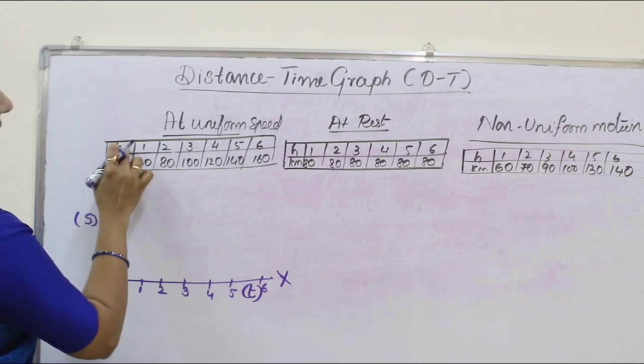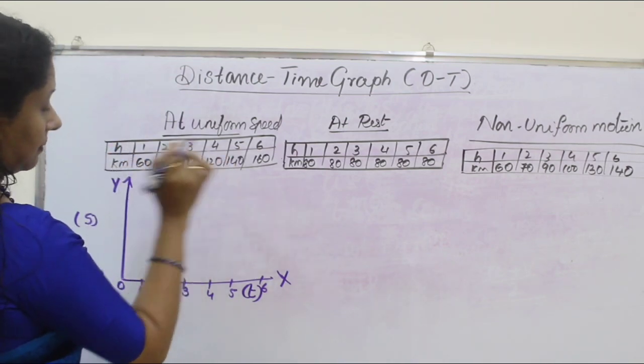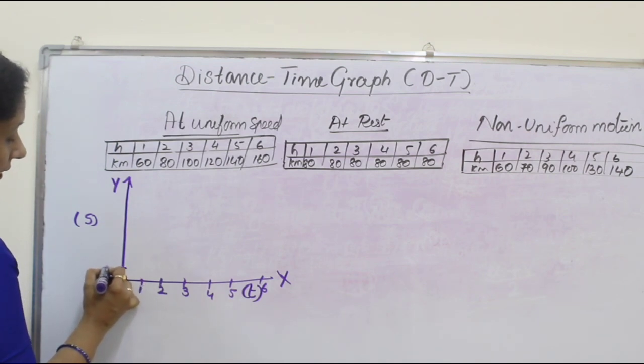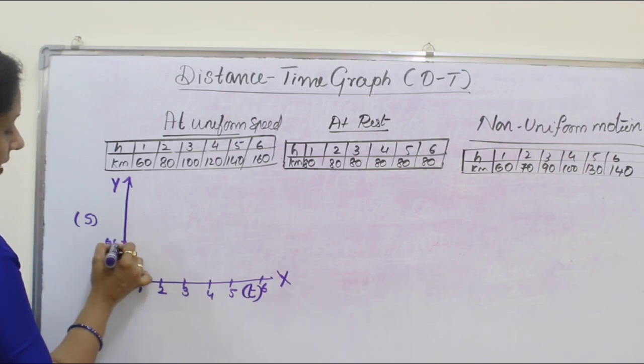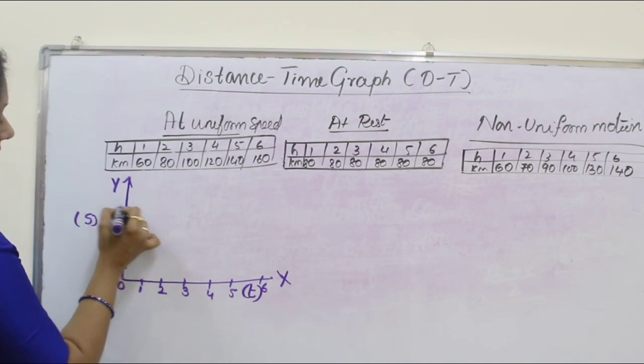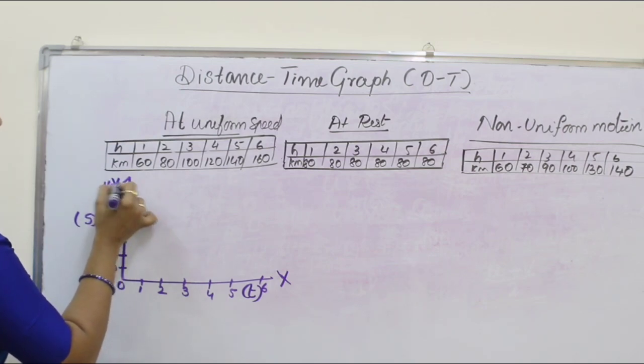Since time is given in hours, the distance travelled is given in kilometers. So I am taking, maybe starting from 20, 40, 60, 80, 100, 120, 140, 160.